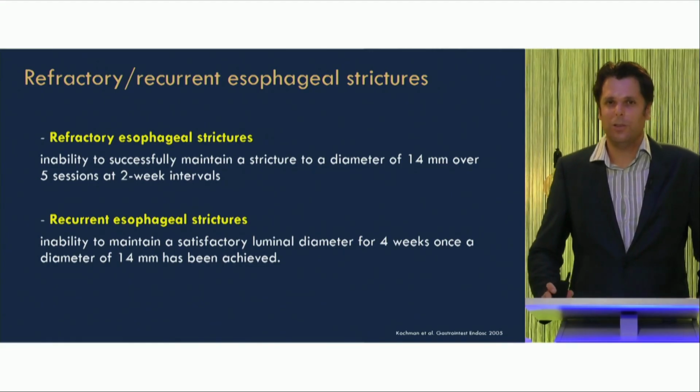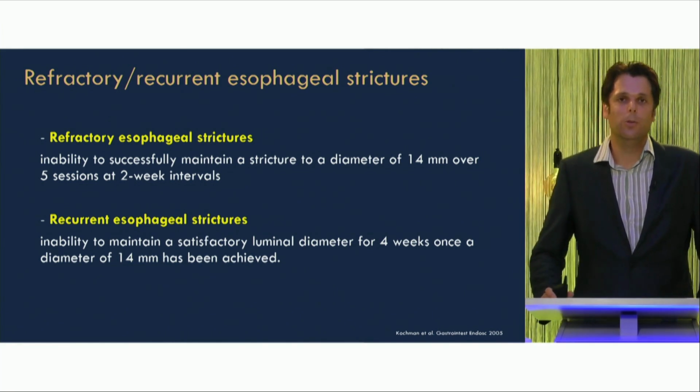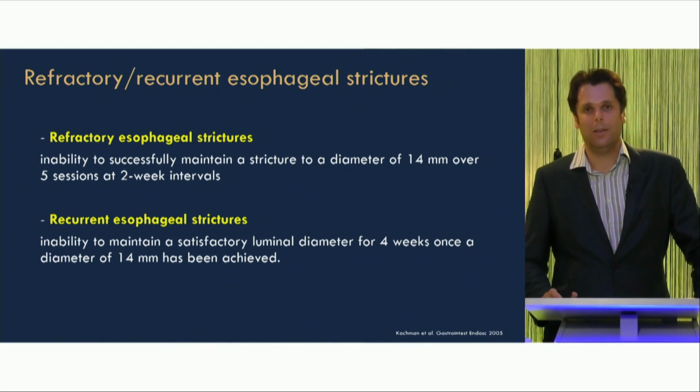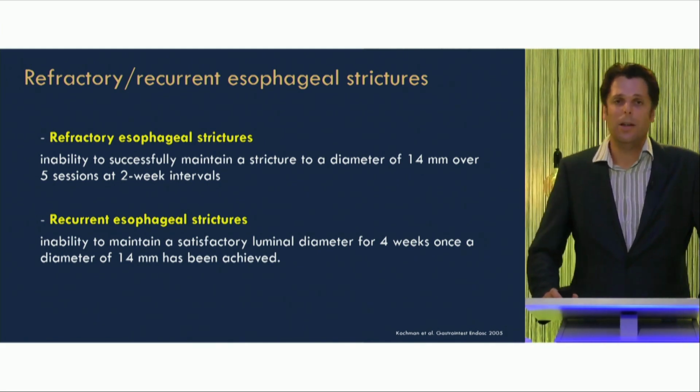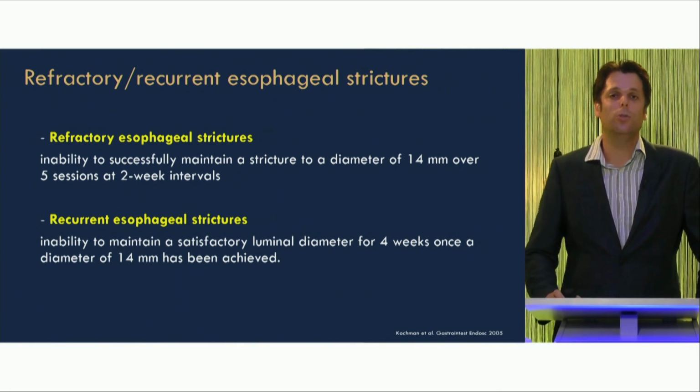What is the definition of a refractory or recurrent esophageal stricture? So we use the Kochman definitions. I think they are generally accepted. A refractory esophageal stricture is defined as the inability to maintain the stricture diameter to 14 millimeter over 5 sessions at 2-week intervals.